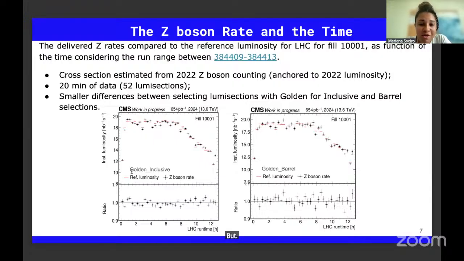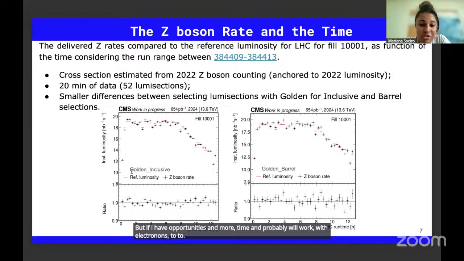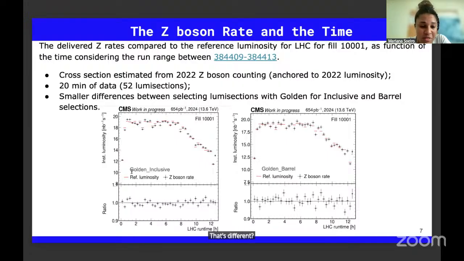But if I have the opportunity and more time, I will probably work with electrons to understand that. I don't have numbers for this answer either, but at the moment the muon strategies have the better contribution.